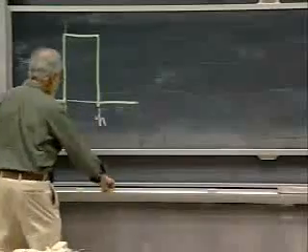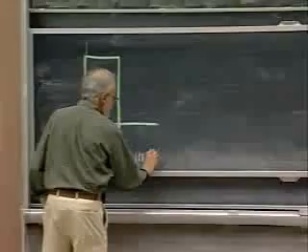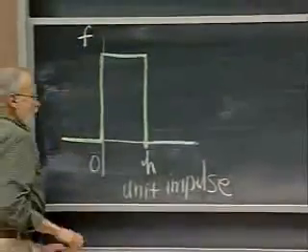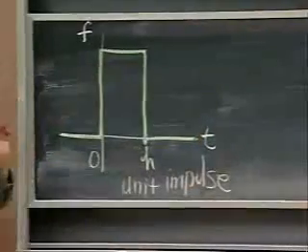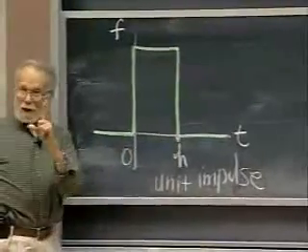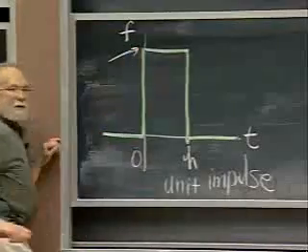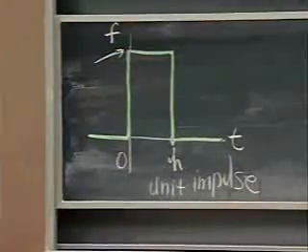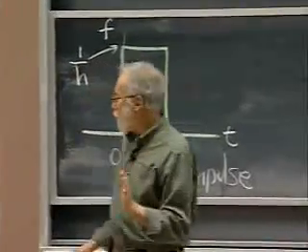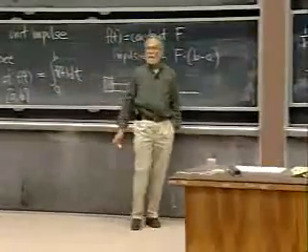Now, I want it to be a unit impulse. Since the impulse is the area under this curve, so this is the force axis, and this is the time axis, if I want that to be 1, then if this is h, the height, in other words the magnitude of the force, must be 1 over h, in order that the area be 1, in other words, that this integral be 1.